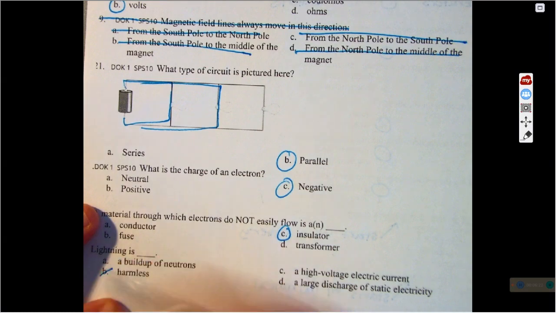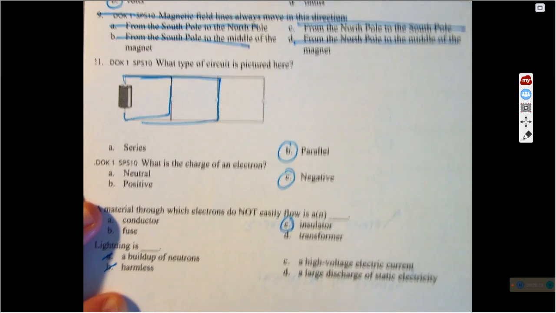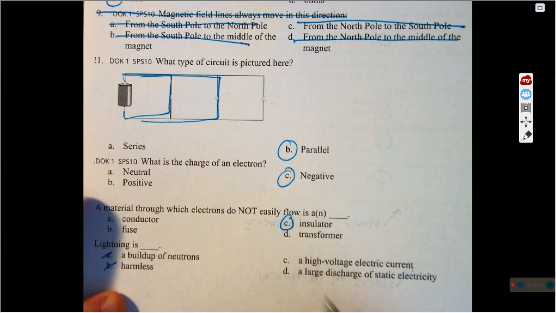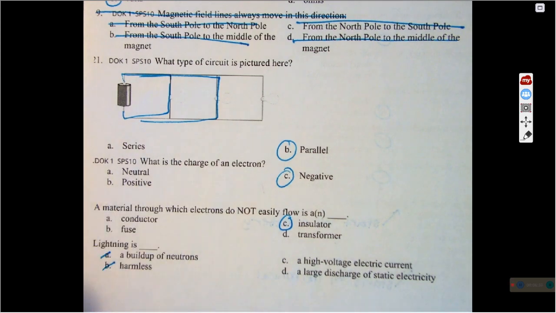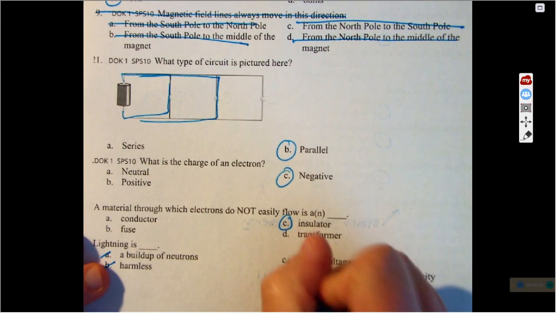Lightning is not harmless. It's not a buildup of neutrons. So, is it a high voltage electric current or a large discharge of static electricity? We're going to say it is a high voltage electric current.